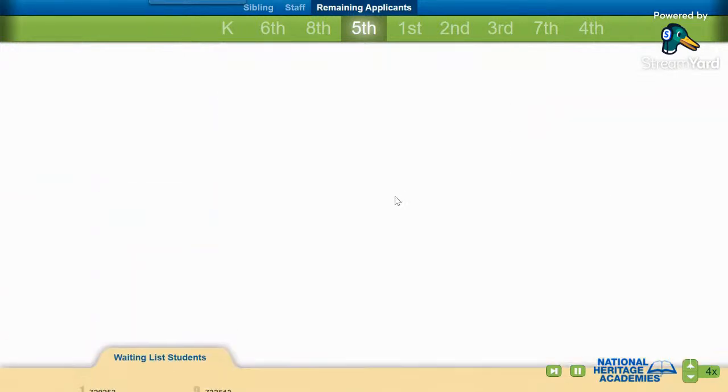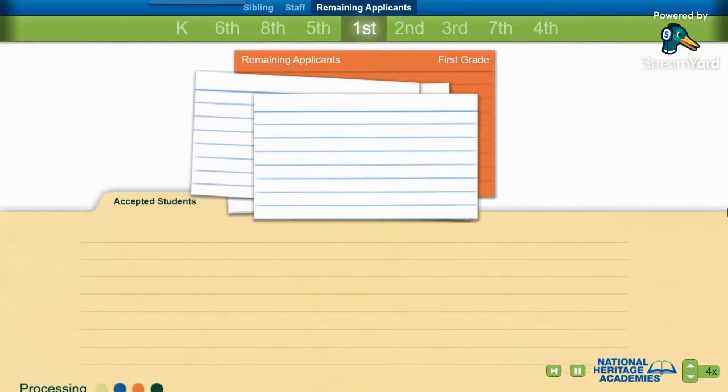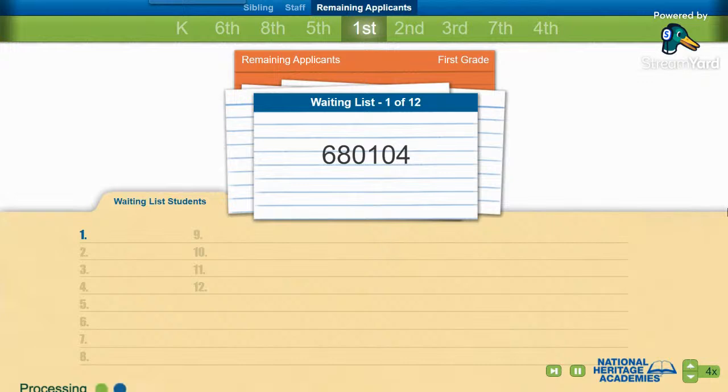And that is fifth grade. Moving on to first grade, also forming a waiting list here. Keep an eye out for something in the mail and something via email, information about next steps.